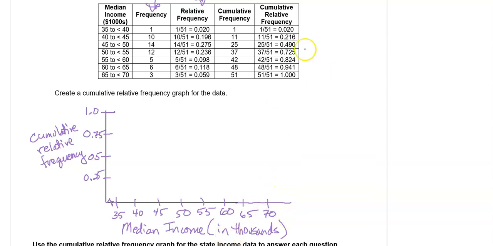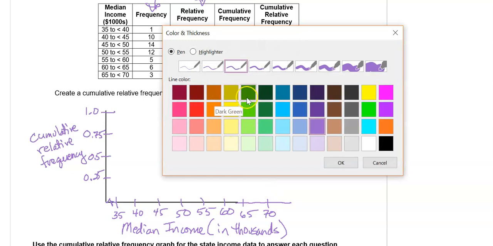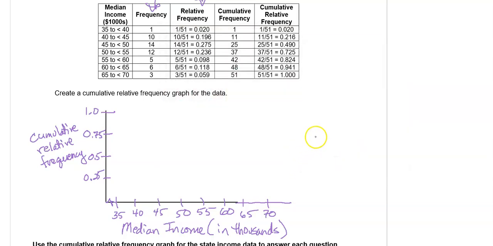Alright, I'm going to switch colors just to really be able to emphasize and see what we're talking about. So dark green. At 35, we're going to start at 0. And at the end of that, we're going to say we're at this frequency.